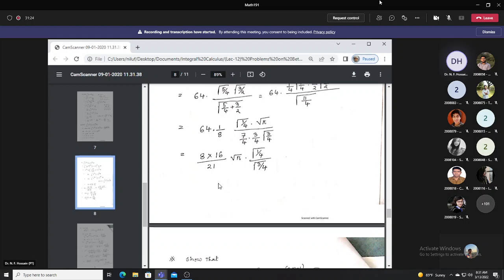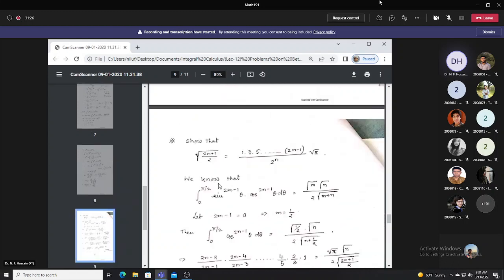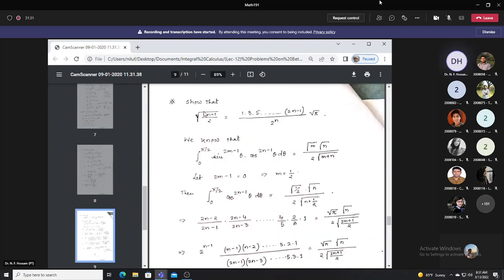Okay. Now this one, so that gamma (2n plus 1) divided by 2 equals to this. Okay, we start with this property, that integration 0 to pi by 2 sine to the power (2m minus 1) theta into cos to the power (2n minus 1) theta d theta is nothing but gamma m into gamma n divided by 2 into gamma (m plus n).